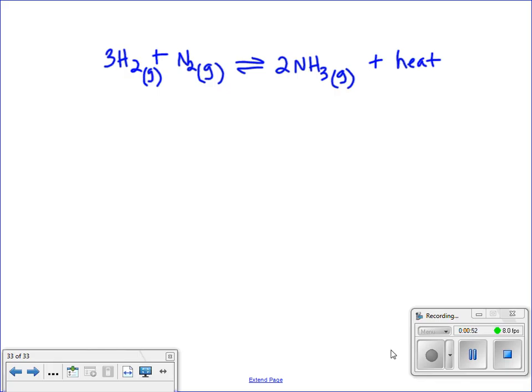Okay, we will take this equation for example. There are three things that affect a system that is at equilibrium. First off, equilibrium means that it is a reversible reaction.